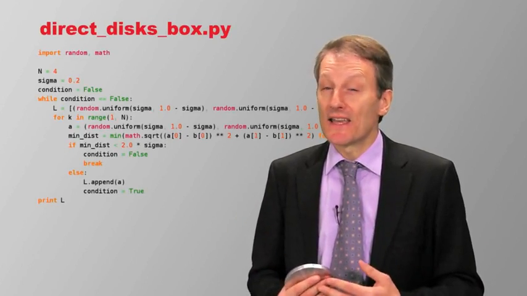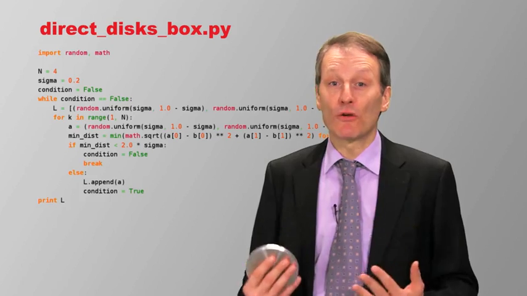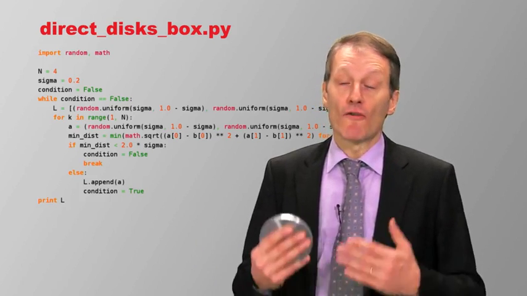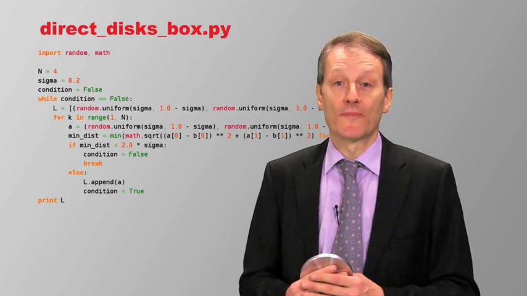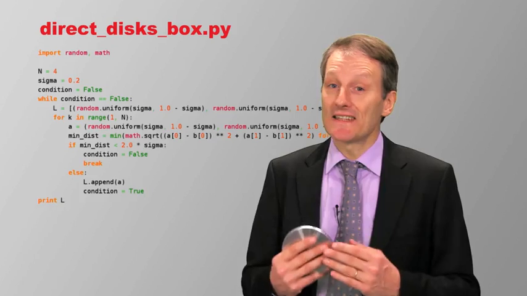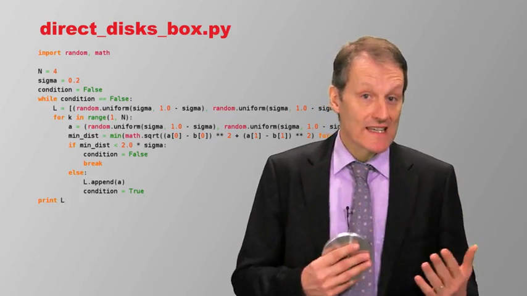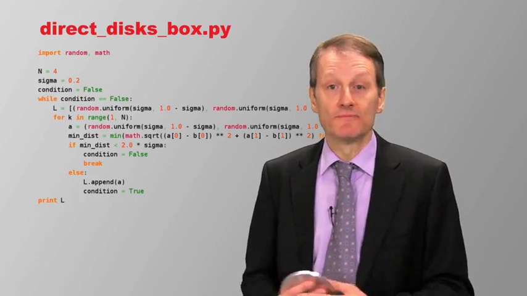We will find out that although the program directDisks.py is not a very powerful program, it is a VIP, a very important program, as it contains important connections between physics and computation.